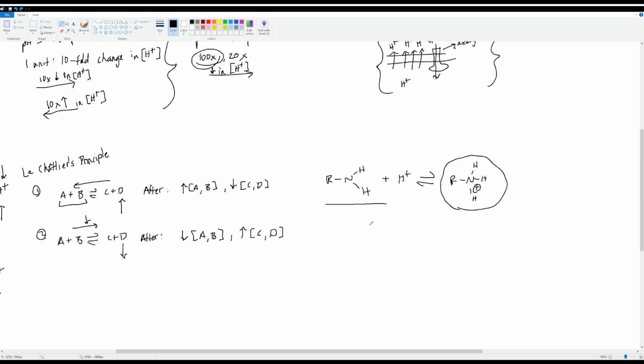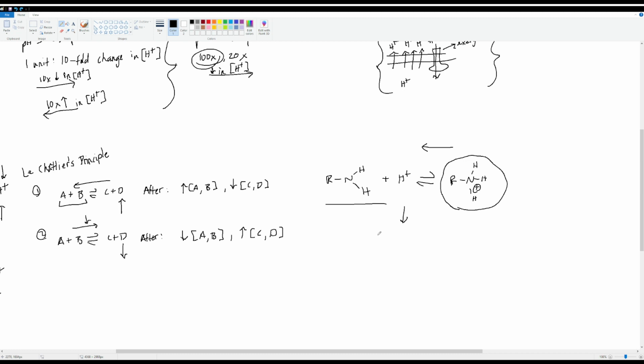And then if we decrease the H plus concentration, we're going to favor the formation of more H plus to balance that equilibrium. So we're going to get more of our deprotonated and less of our protonated.